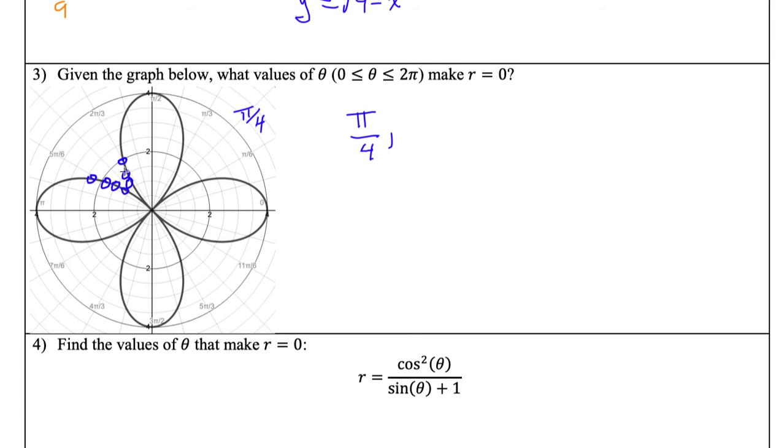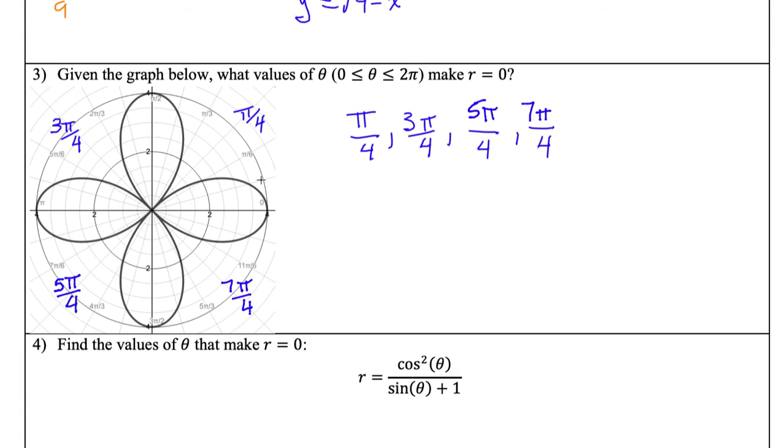So this one, they both get closer to this line right here, and that line is 3 pi over 4. And then the next one is going to be something divided by 4, and the next one is going to be something divided by 4. This one right here, you have to memorize, that's 5 pi over 4, and this one over here is 7 pi over 4.